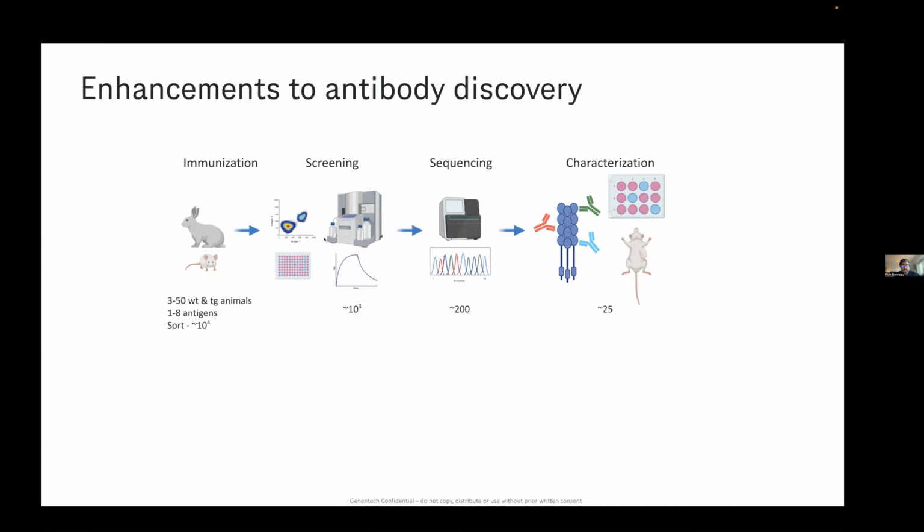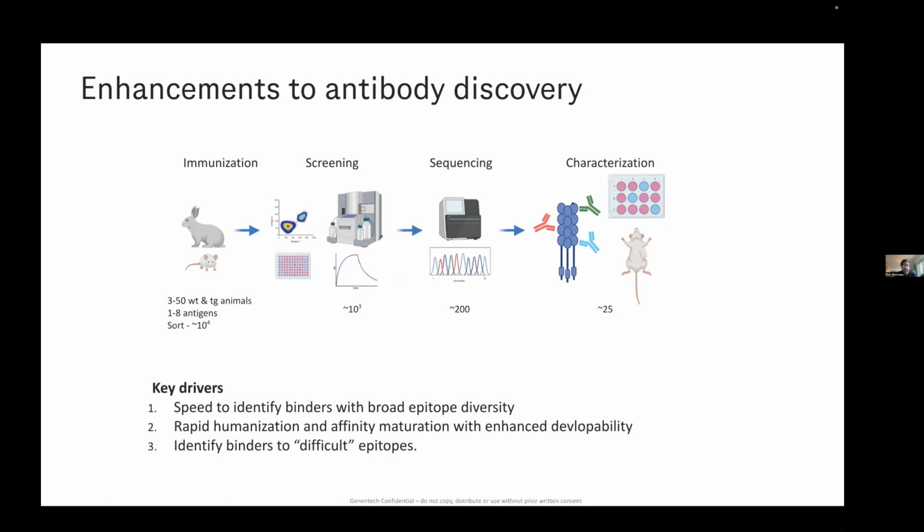Once we get those, next generation sequencing and many other lab techniques allow us to dig pretty deeply into the diverse repertoires that we typically get from high concentration immunizations. And that allows us to characterize those antibodies. But we still often have problems where we need to identify binders that bind in different places.